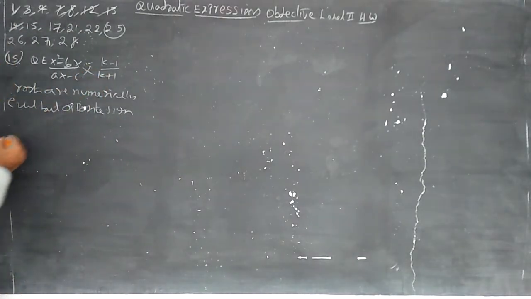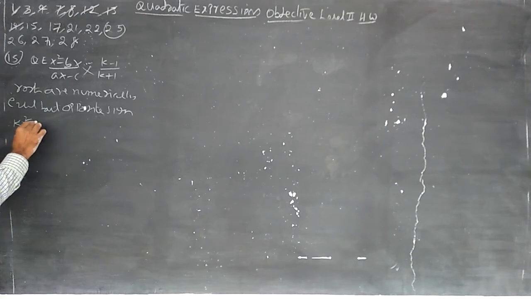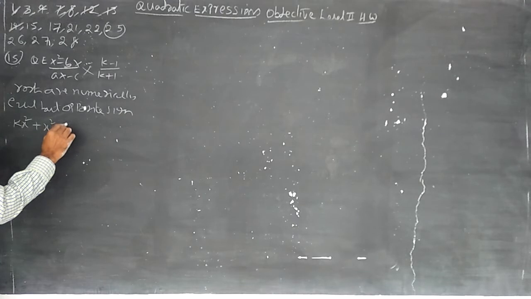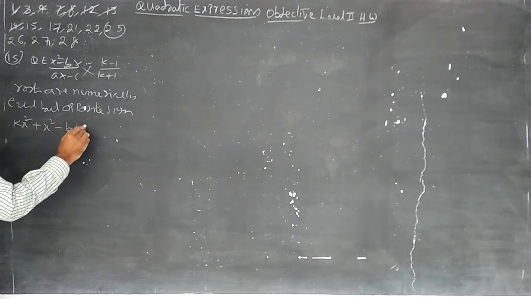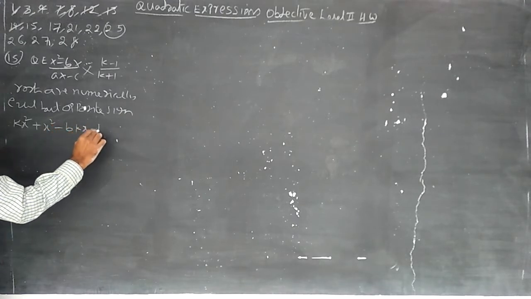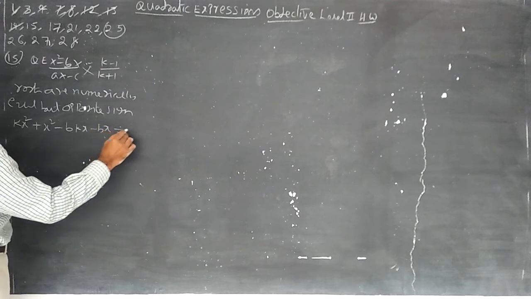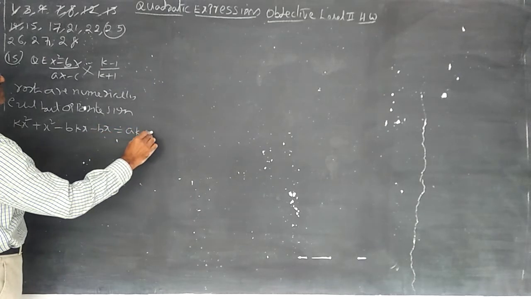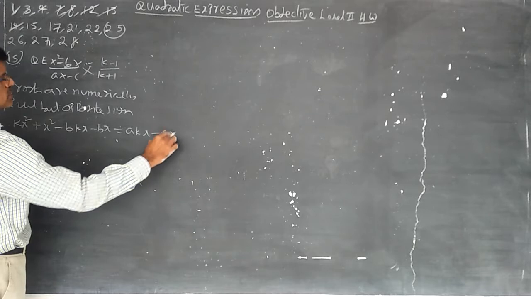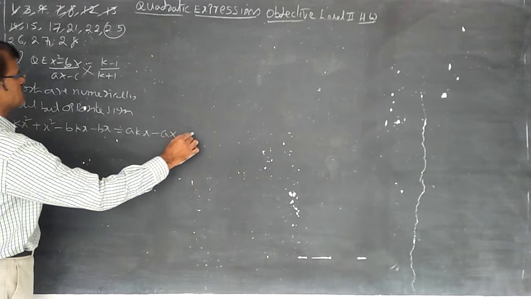By cross multiplication we can get kx square plus x square minus bkx minus bx is equal to akx minus ax minus ck plus c.